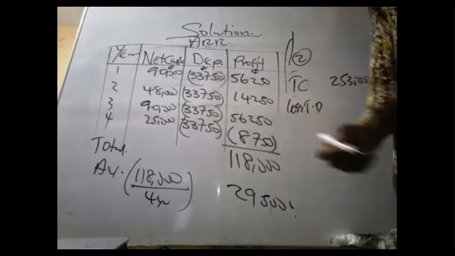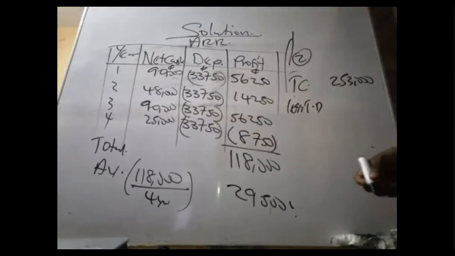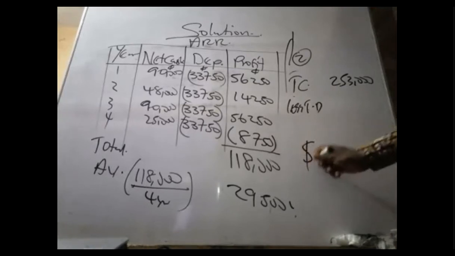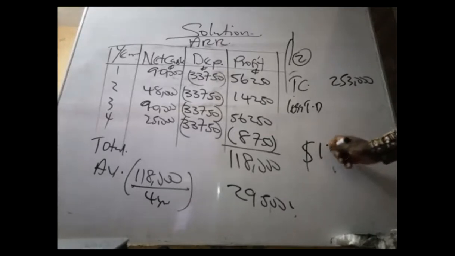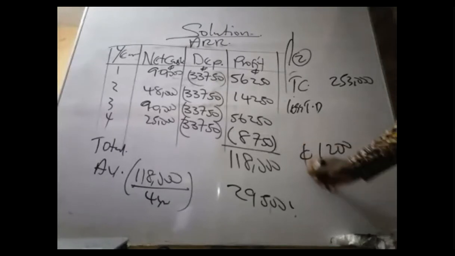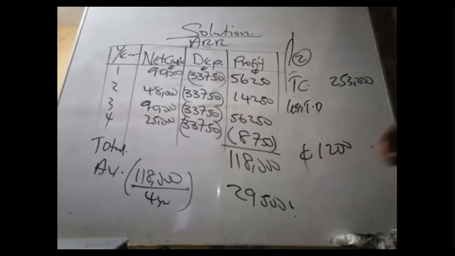If you have an asset, a mobile phone, and the cost is, let's say, 1,200 cedis, and after you have used it for, let's say, 5 solid years, you can sell it for 200 cedis.